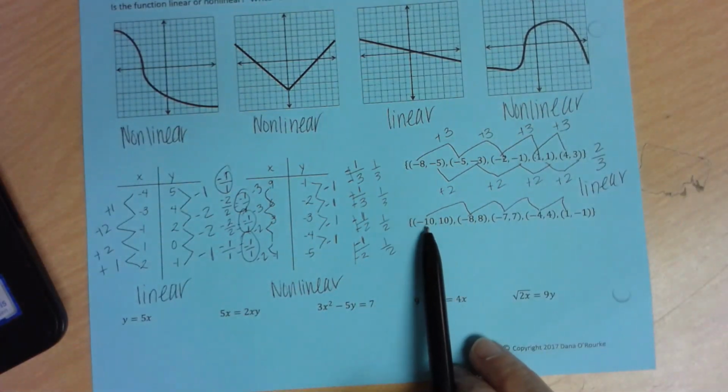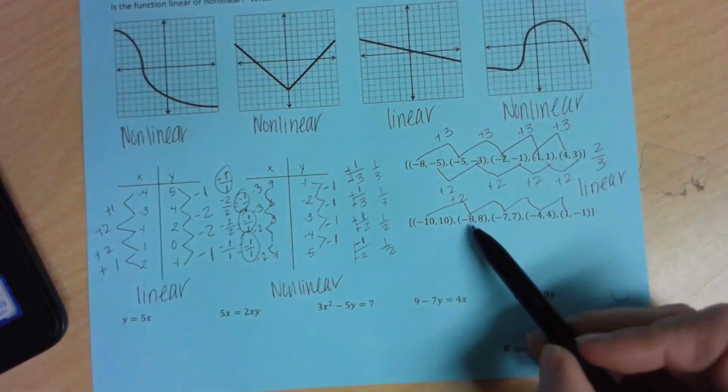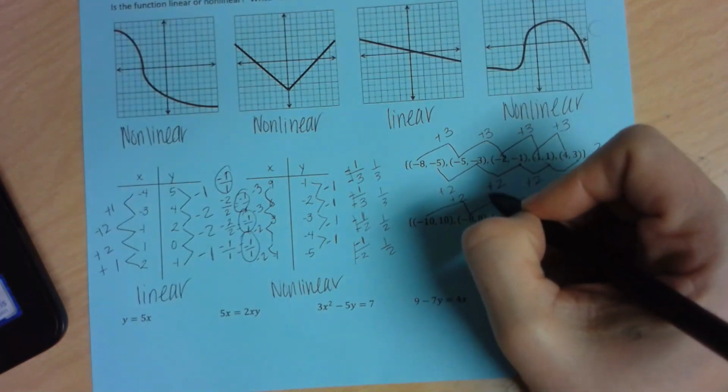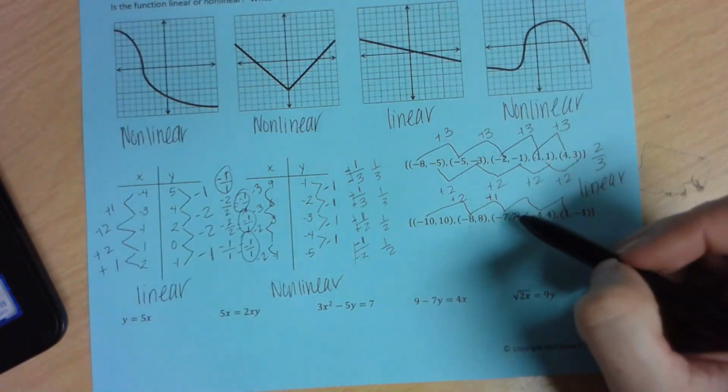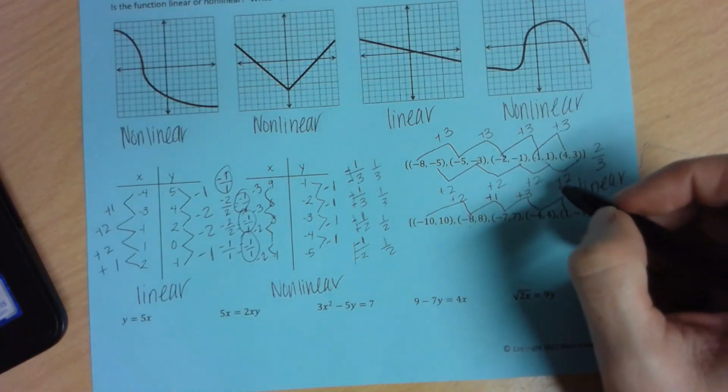Okay. Negative 10 to negative 8 is a plus 2. Negative 8 to negative 7 is a plus 1. Negative 7 to negative 4 is a plus 3.